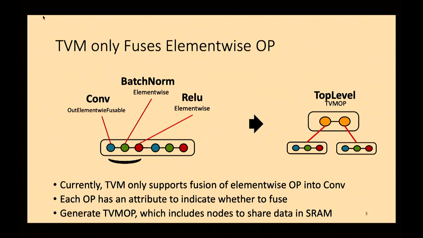Each operator has an attribute to indicate whether it is fusible. You see here, element-wise and fusible. And then TVM will fuse them into a TVM op. Each TVM op contains a subgraph to share the intermediate data by SRAM.